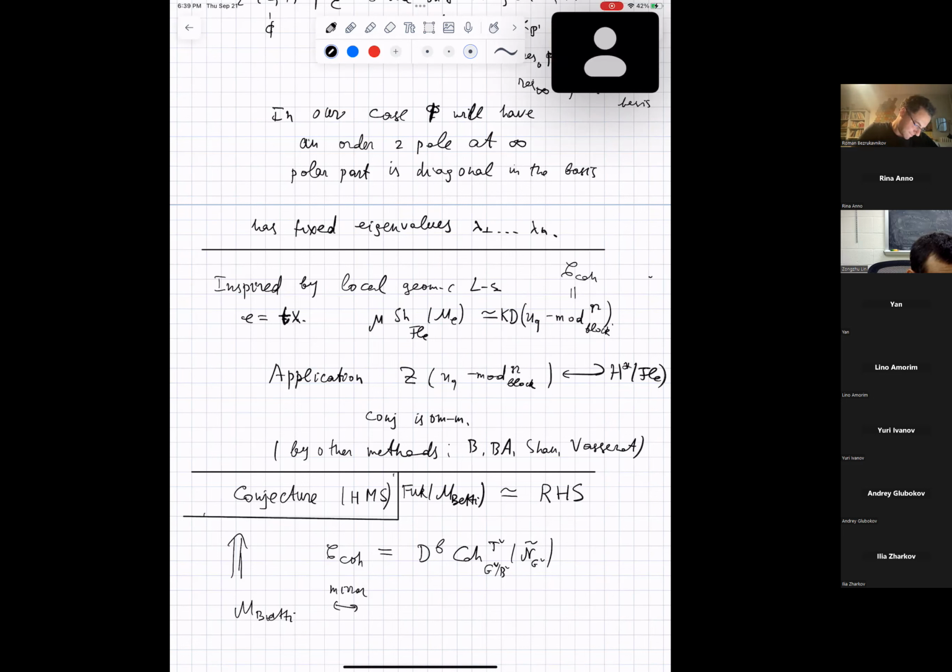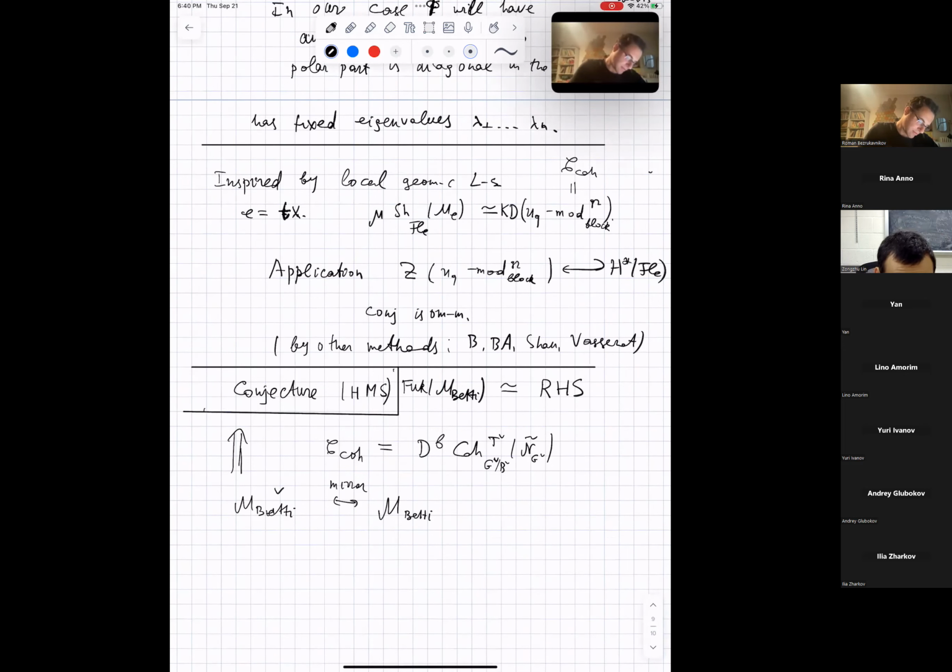A mirror dual to what? To another M Betti? It depends. It's not how I was thinking about it, but I think McBreen explained to me that this is how it should be interpreted. There's a little bit of this discussion in the paper too.